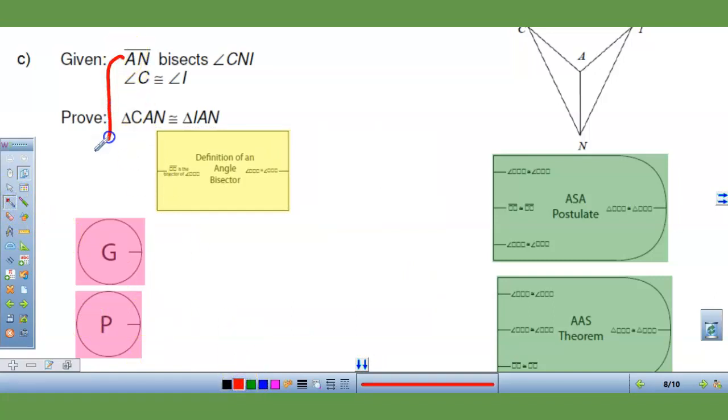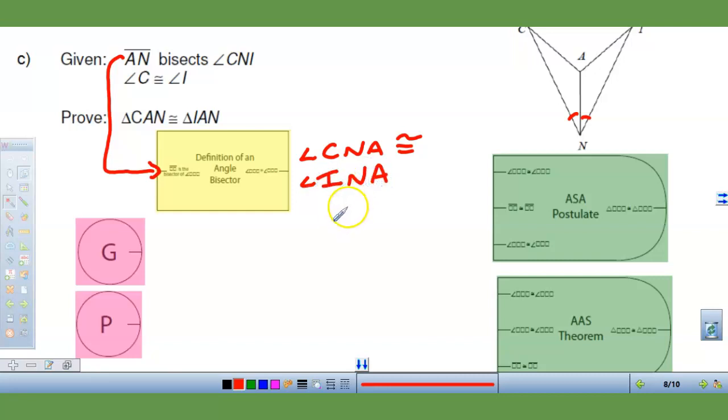If I plug this into this definition, the outcome will be, we can do the graph right here, AN bisects, so these must be congruent, C and A, and I and A.